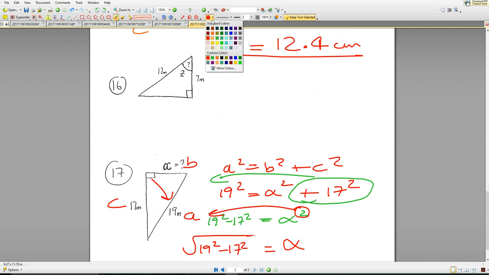Okay, so this next question here, we've got to work out the angle. Don't mix it up with the side, that's something quite different. So this is our angle here. We've got to work out this angle, angle Z. Opposite the angle is called the opposite. Opposite the right angle is called the hypotenuse, and the leftover side is called the adjacent.